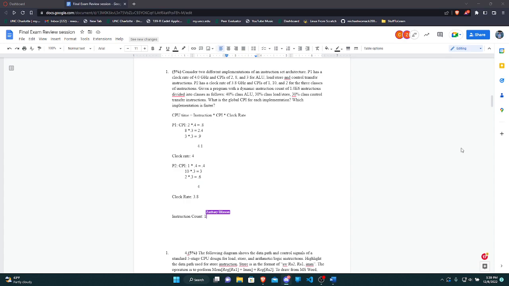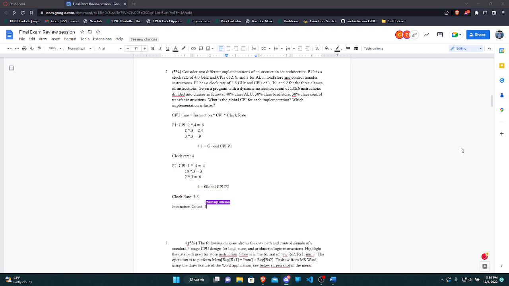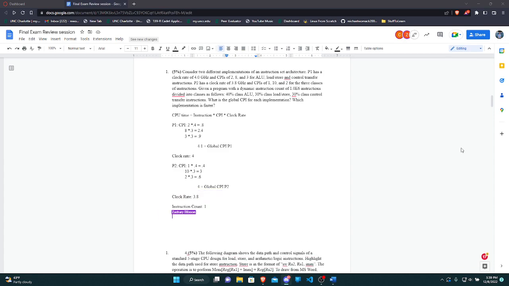So I should highlight these, since it does ask what the global CPI is. The global CPI for P2 is 4, and 4.1 for P1. All right, now we can do the CPU time.